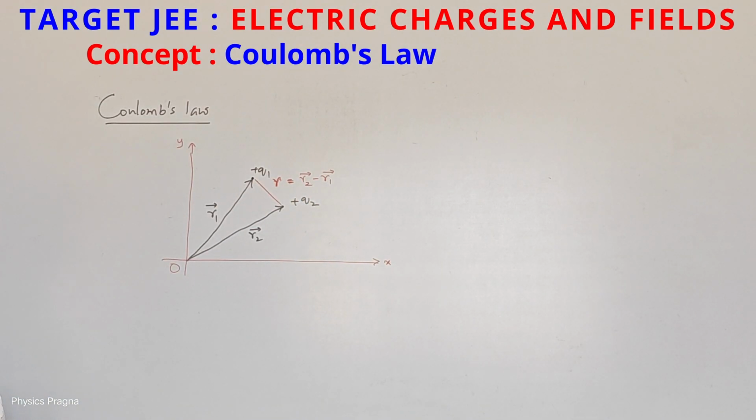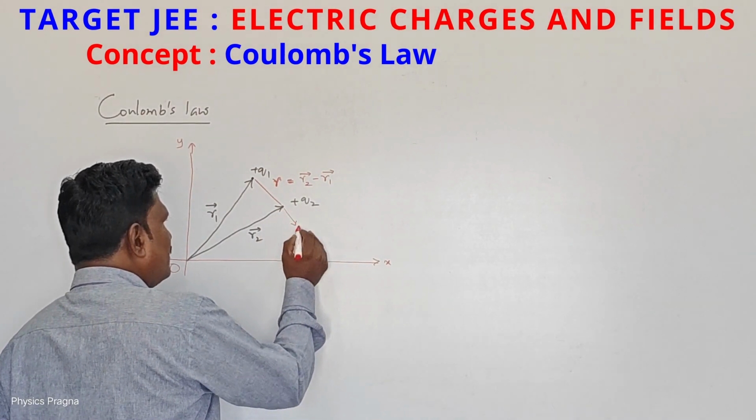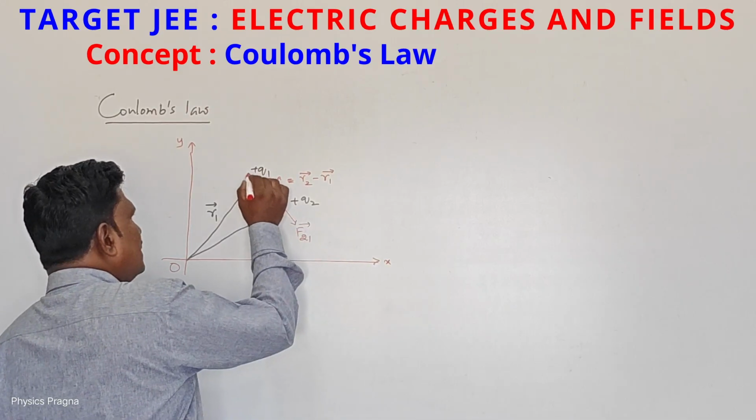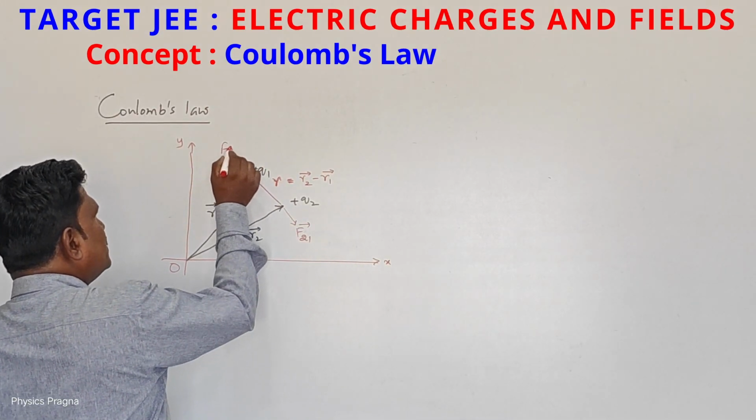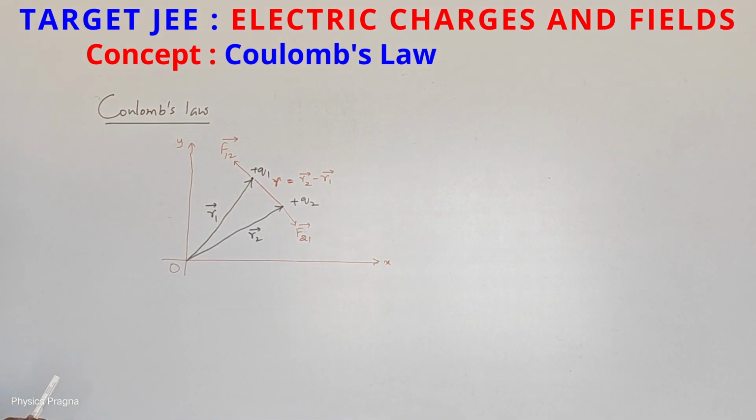Right? So if that is the case, this is the direction of force on the second charge because of the first one. This is the direction of force on the first charge due to the second one.